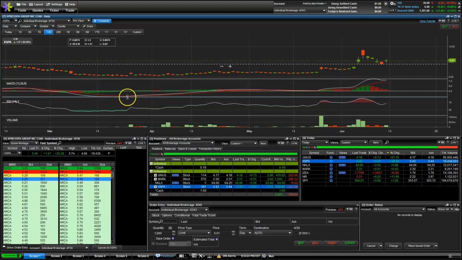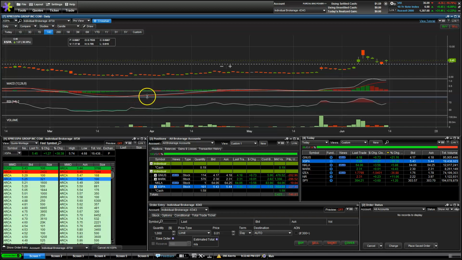Then you see your lines start to converge here, and the next day is when it starts to take off and your momentum starts to change. You stop seeing bars growing on the downside and you see them growing on the top side. And your RSI is saying it's no longer oversold. It's actually in a healthy range.